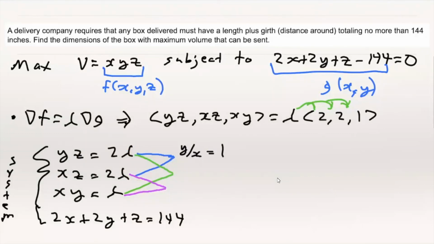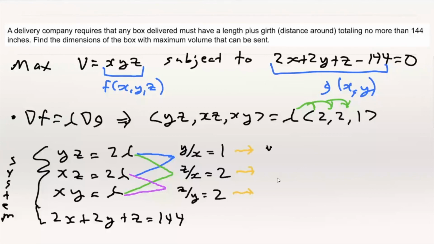Okay, and the green, that means you're taking yz over xy, which is z over x. That is 2 lambda over lambda is 2. And this purple, that's xz over xy, is z over y, is 2 lambda over lambda is 2. Okay, and from these, we get a nicer, simpler set of relations.